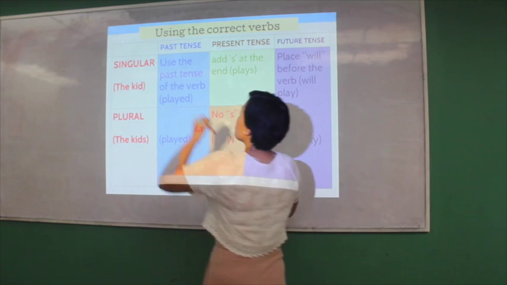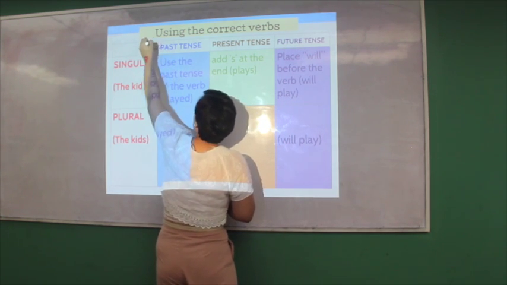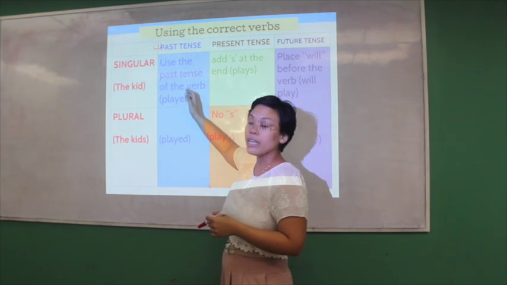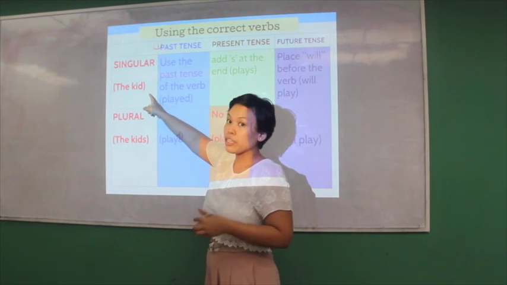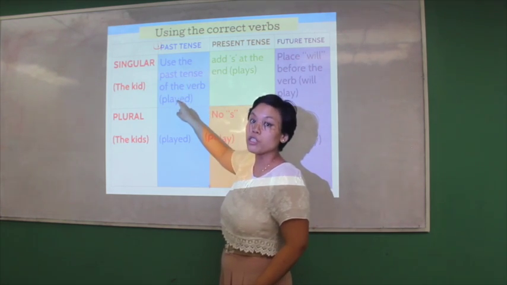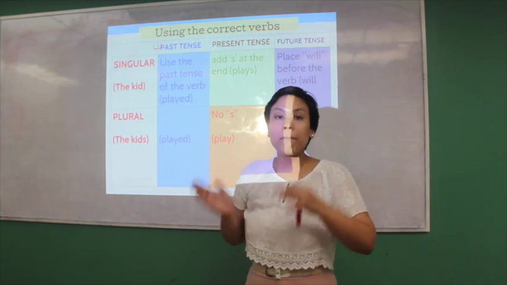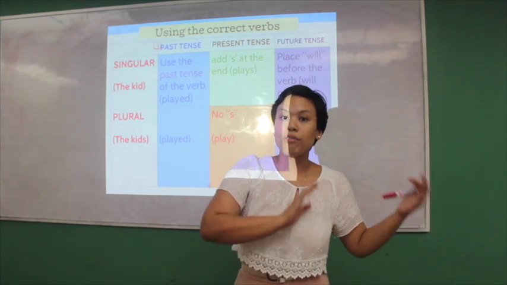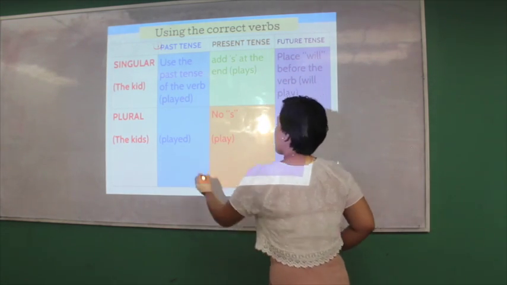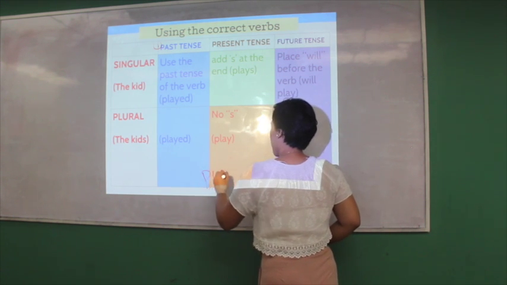Then this is rule number 1: if your action happened in the past, then it's very simple. Whether it's singular or plural, all you have to do is change your action word to the past tense of the verb.